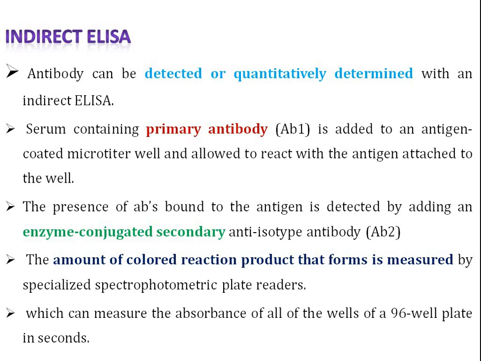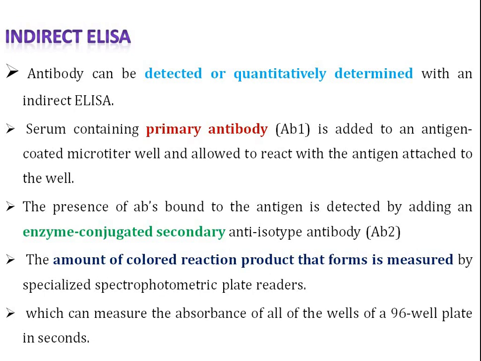Indirect is nothing but the direct reaction, the antigen antibody binding reaction. In indirect ELISA, initially they have to collect the patient serum. The patient serum contains primary antibodies against the disease.